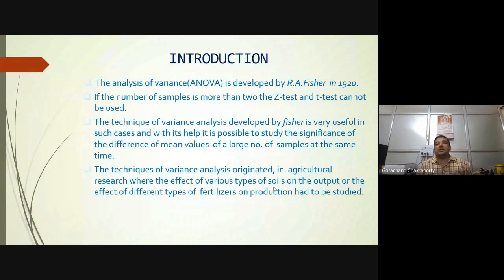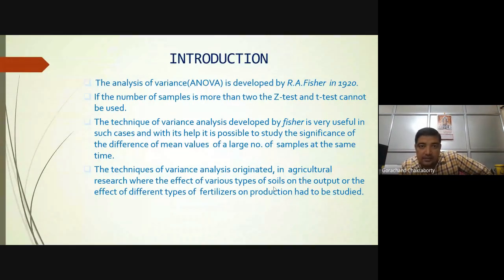Now, ANOVA was developed by R.A. Fisher in 1920. If the number of samples is more than 2, the Z-test and T-test cannot be used. When the Z-test and T-test cannot be used, then we use this ANOVA technique. The technique of variance analysis developed by Fisher is very useful in such cases, in which the Z-test and T-test are not applicable.